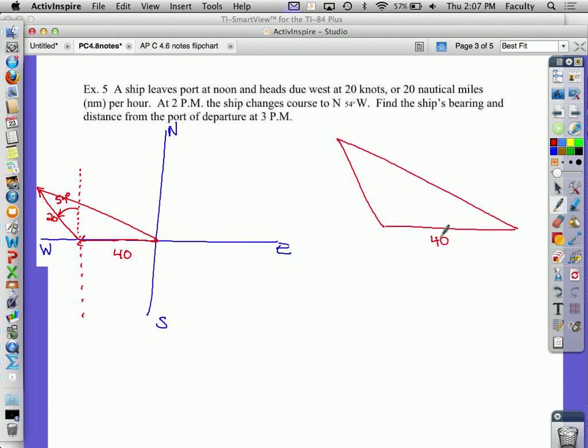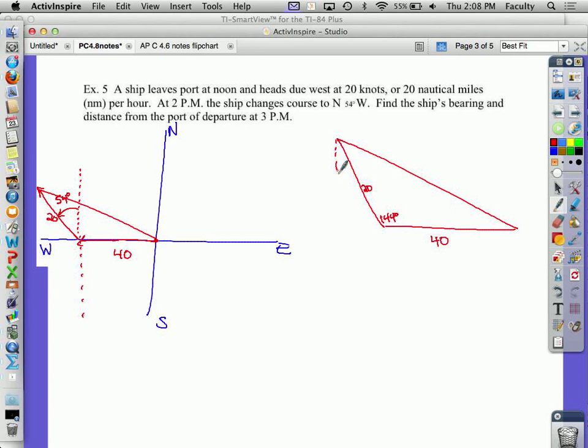So this is 40, this is 20. All right, the other thing I know is this angle right here is 54 degrees, and this is 90, right? So what's this angle here? You know what this one would be? 144? Yeah, 144.